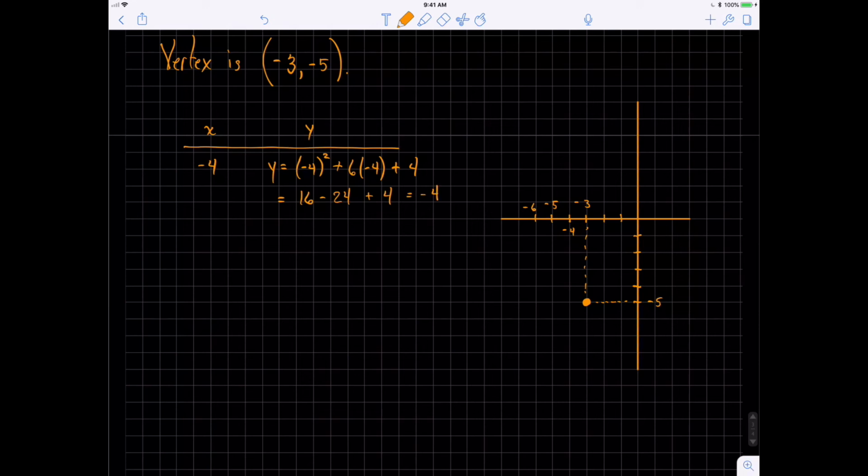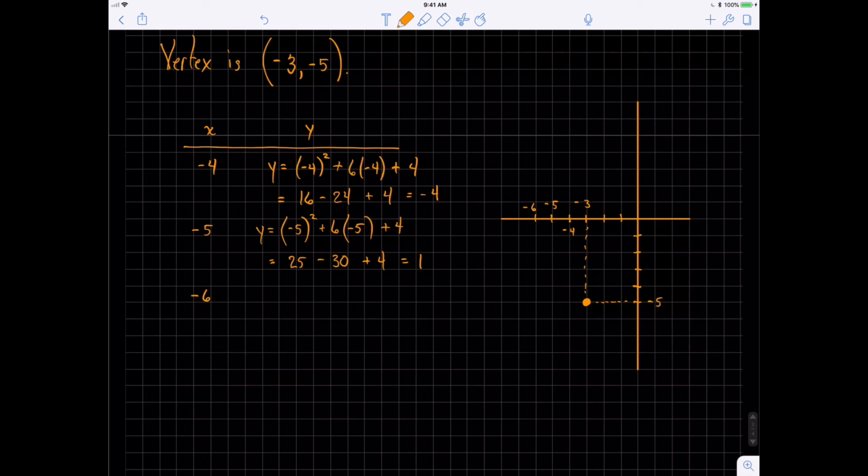Okay, let's try negative 5 now. So y equals negative 5 squared plus 6 times negative 5 plus 4. So this is 25 minus 30 plus 4. That's going to be 1. And we'll try negative 6 as well.